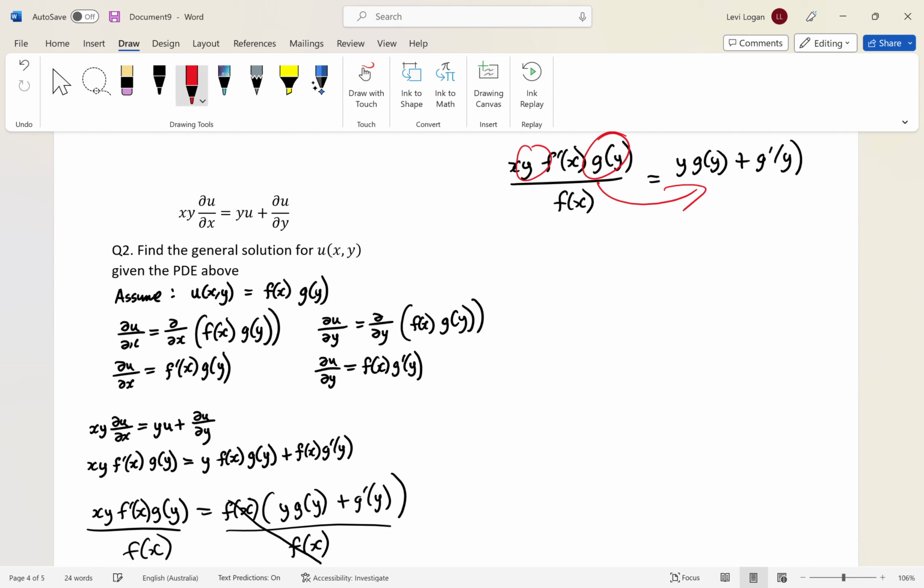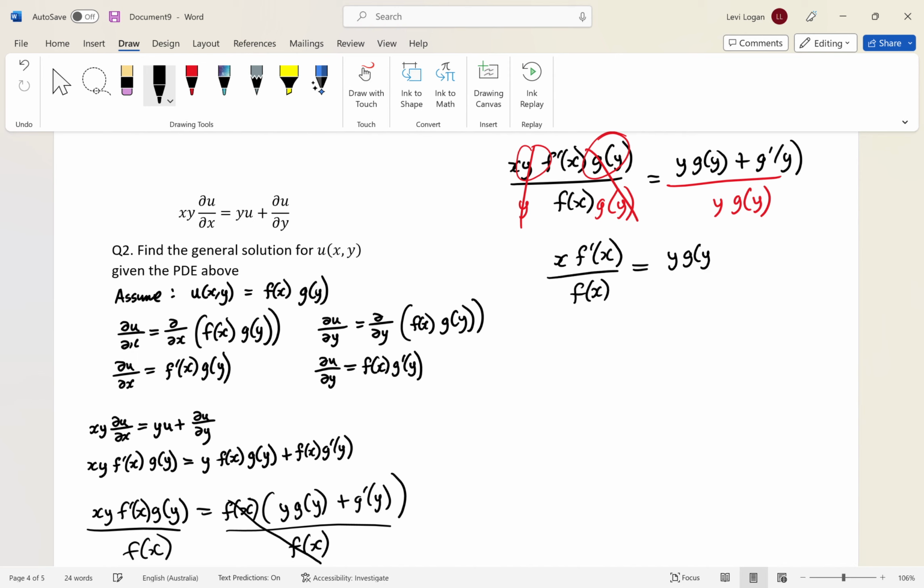So we're going to divide both sides by y and g of y. So we'll cancel here, and we're left with a function of x on the left hand side and a function of y on the right hand side. So just simplifying that, we're going to have x f prime of x divided by f of x is equal to y g of y plus g prime of y over y g of y.